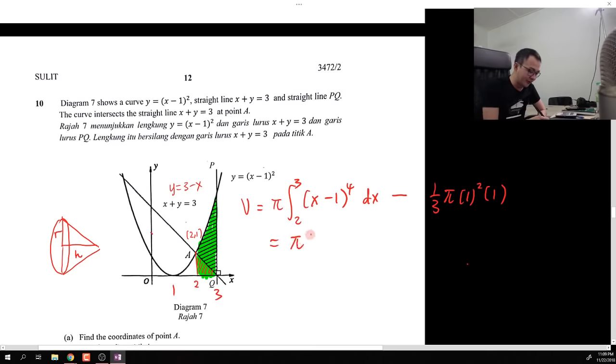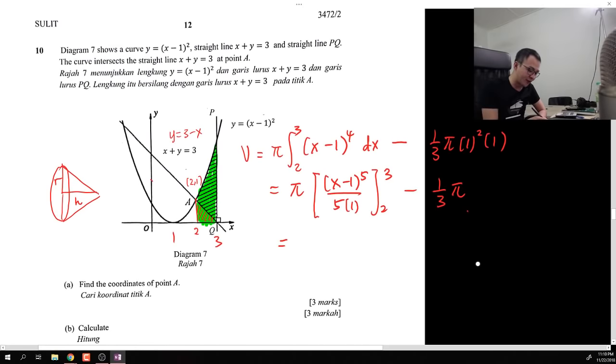Alright, so therefore, I integrate this one, I get x minus 1 power of 5 over 5. Differentiate inside, I get a 1 here. So this is 2, 3. And this one is just 1 over 3 pi. This one I will just try to solve. So 3 will become 2, 3 minus 1 is 2. 2 power of 5 is 32. 32 over 5 pi minus, I sub the 2 into here, I get 1 over 5 pi.